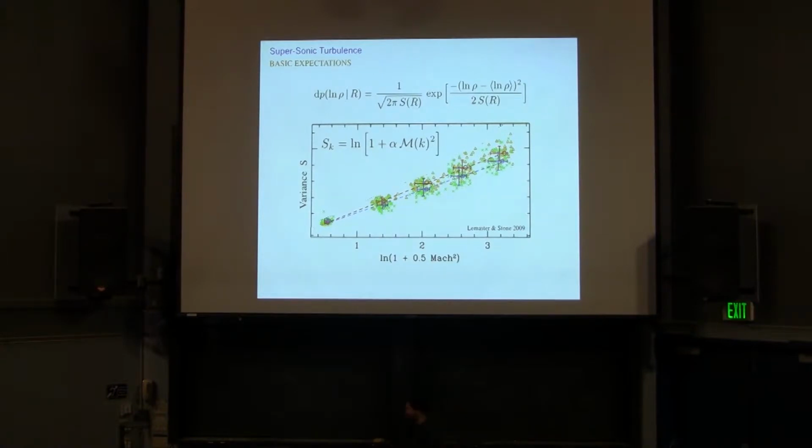But basically, the variance scales as the log, because we're talking about log density, of the Mach number squared. And again, it's easy to see why that is. This is just saying that the RMS fluctuation scales as the Mach number, which shouldn't be surprising from this, right? The characteristic logarithmic fluctuation is proportional to the velocity, right?